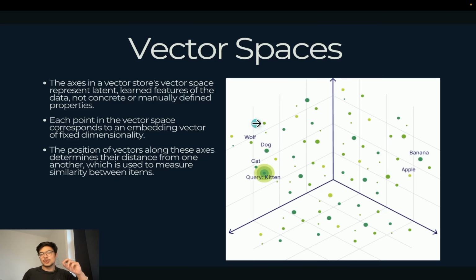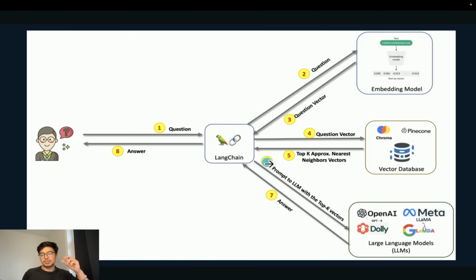And now what we're going to do is pick the nearby neighbors, right, of those vectors that represent the question. We're going to pick those, and we are going to push them back to the language model, and the language model is going to process that and give us an answer, right?